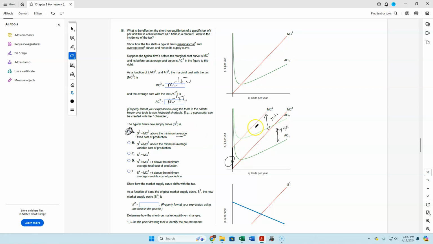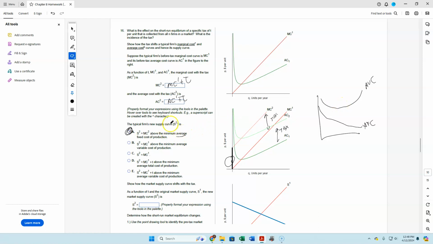We're not given what it is here, but essentially, if you remember, we would have an average fixed cost that keeps declining. We have an average variable cost that looks like this.